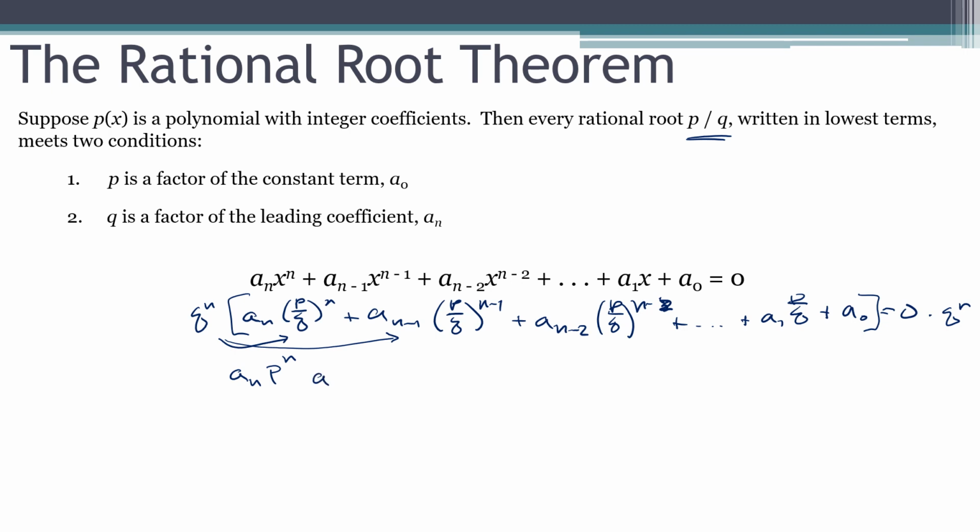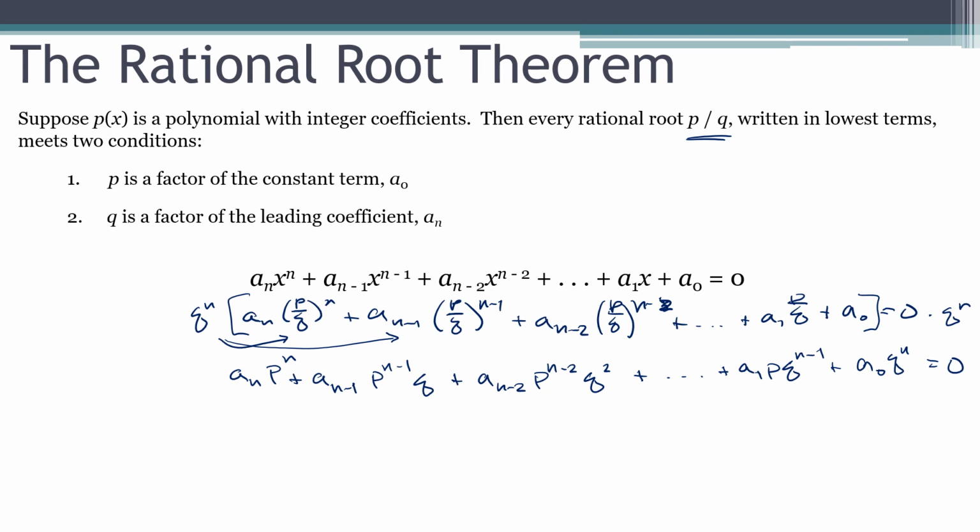So I'm left with a sub n minus 1 p to the n minus 1 times q plus a sub n minus 2 p to the n minus 2 q squared plus, and then down here at the very end, a sub 1 p q to the n minus 1 plus a sub 0 q to the n still equals 0.